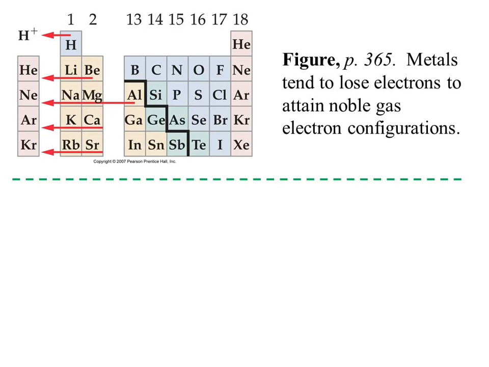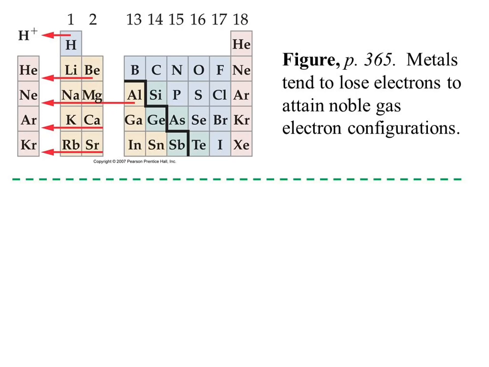Neon, argon, krypton, those are all rare gases. If you skip down to rubidium, strontium, indium, tin, they will lose electrons to get the rare gas like krypton. That's what we're showing you here.